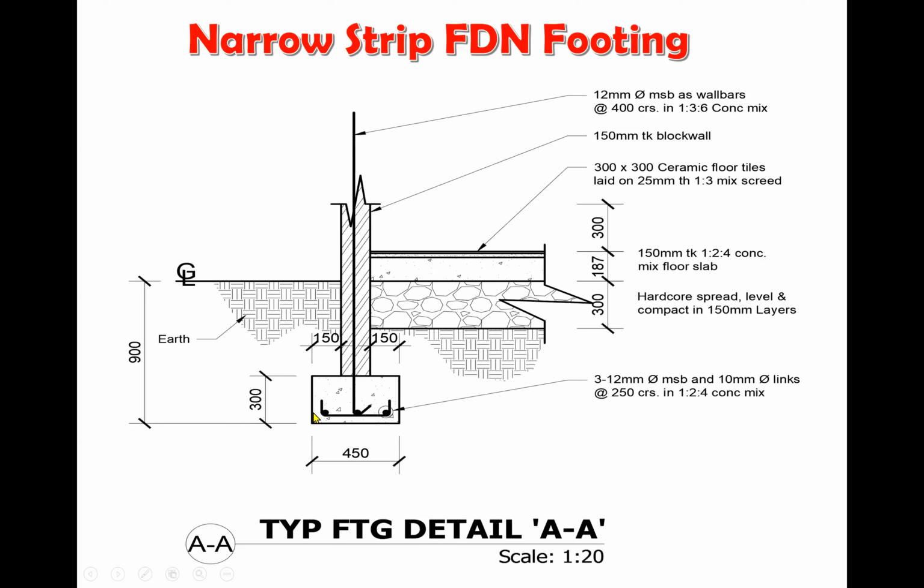Likewise, the depth of the foundation footing is minimum the same as your projection. So it can be 150, but not less than 150. It can be greater. In our case, it is twice the 150, it's 300. All right. So this kind of foundation, which is called a narrow strip foundation, is recommended where you have good firm soil, good firm strata.